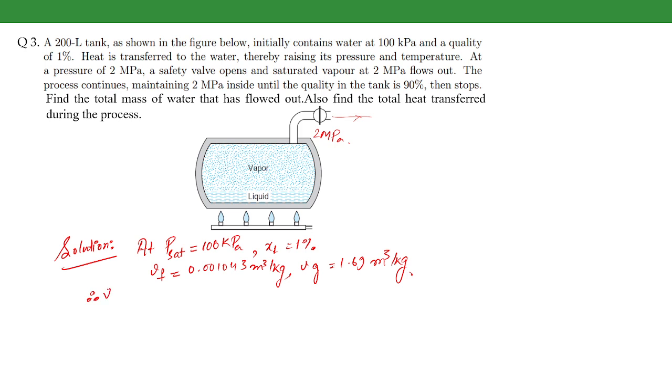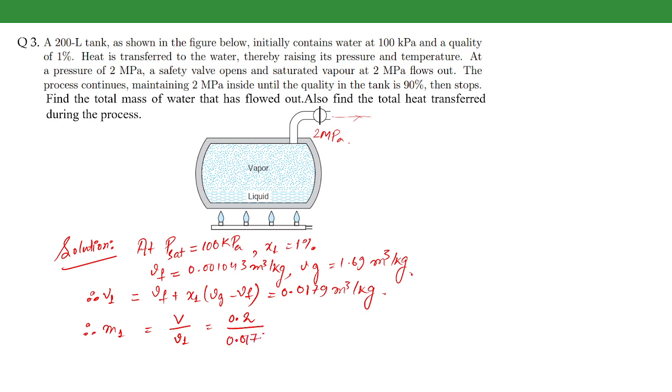Therefore, the specific volume at state point 1 is vf plus x1 into (vg minus vf). By putting in the values, we get 0.0179 meter cube per kg. Then what is the mass initially? The mass initially will be equal to the total volume by the specific volume. Total volume is 200 liter, that is 0.2 meter cube, by 0.0179. So it comes out to be 11.15 kg.